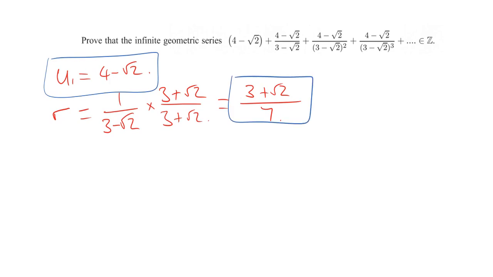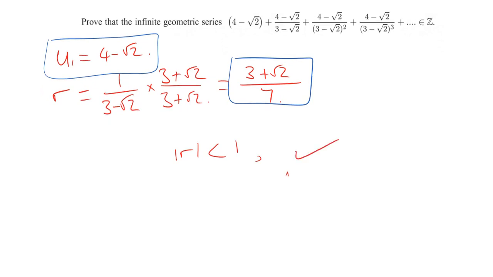Now, next thing. Well, we know we can sum a geometric series if r is between 1 and minus 1, that is, the magnitude of r is less than 1. It means that the sum is going to be achievable. Is that the case? Yes, it is, right? Absolutely. 3 plus root 2 is not as big as 7, so that fraction for r there is 100% going to be a fractional amount that is less than 1.